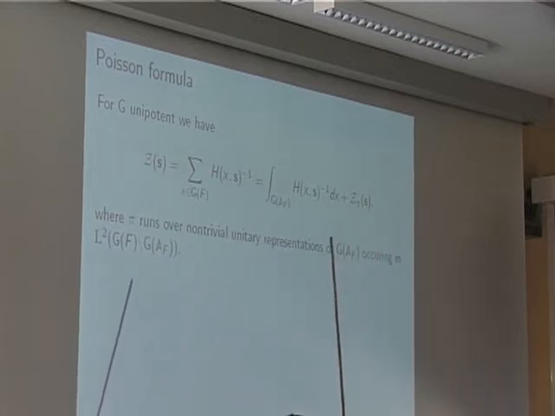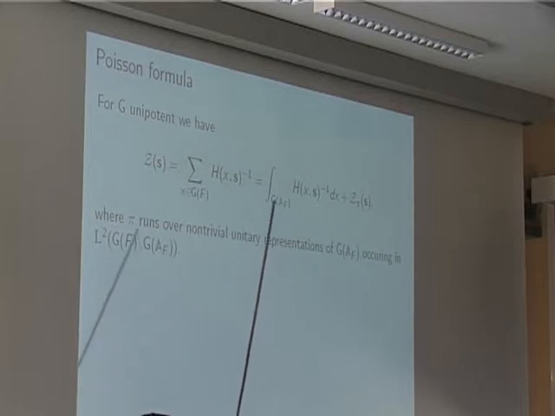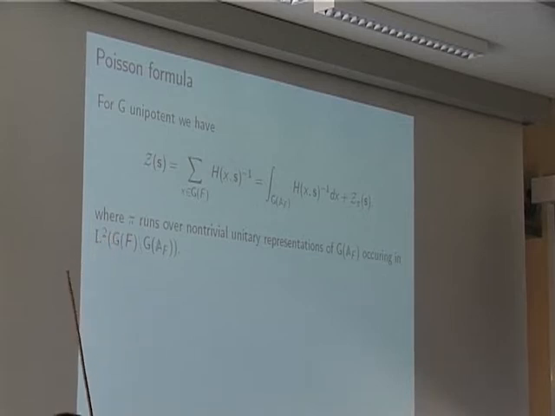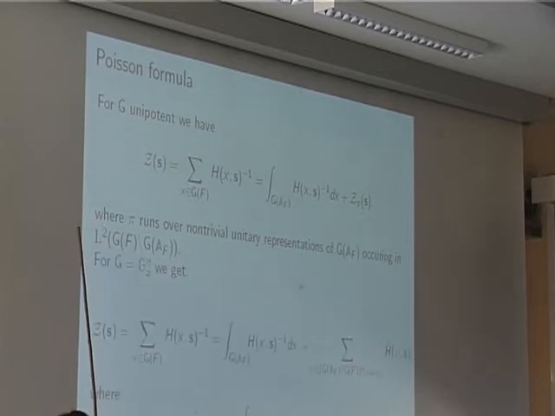Now, in case G is additive, so a product of G_a's, of course, the only representations we'll see are characters. All right? But again, for the Heisenberg group, there is a whole series of infinite dimensional representations that have to be analyzed. So this is a generalized Poisson formula in the unipotent case, and we apply it in the case of G_a^n. So here is the picture.